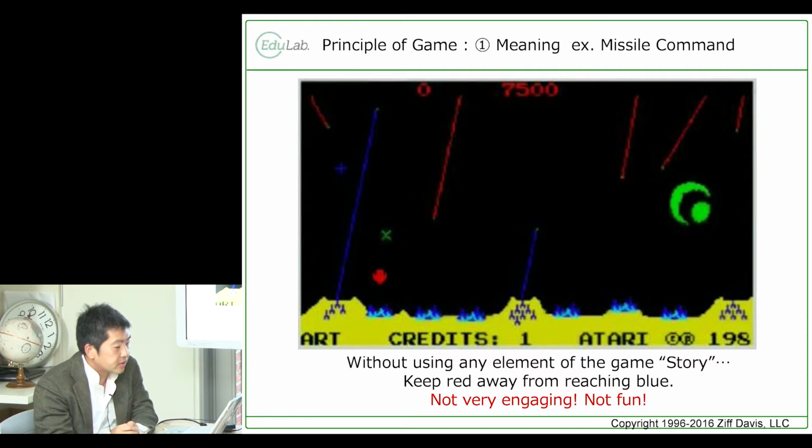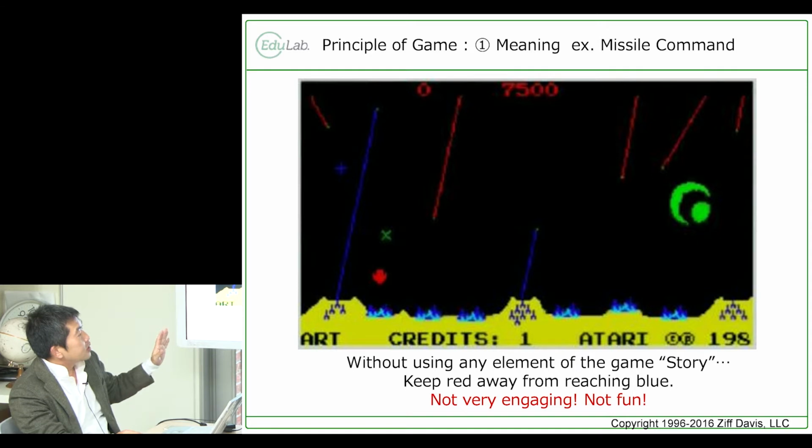Another example. This is a very old game on the Atari. Atari was one of the first consumer-based game platforms that came out. And this was one of the best-selling games on the Atari platform, called Missile Command.